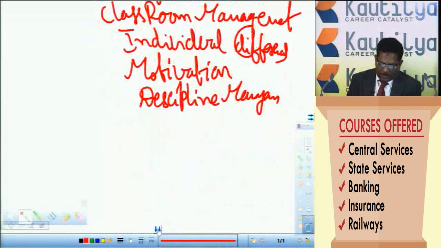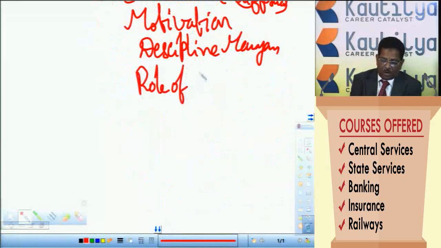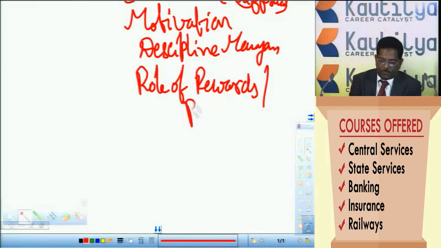And in the process of learning and teaching, what is the role of rewards and the role of punishment?